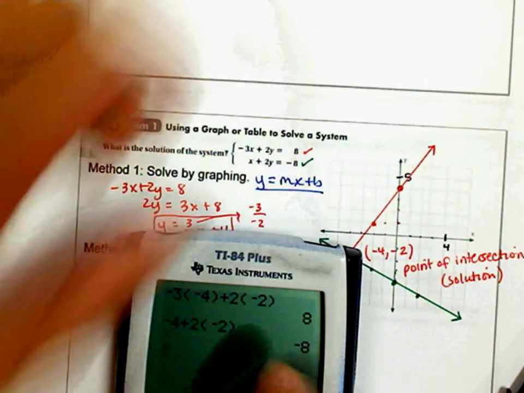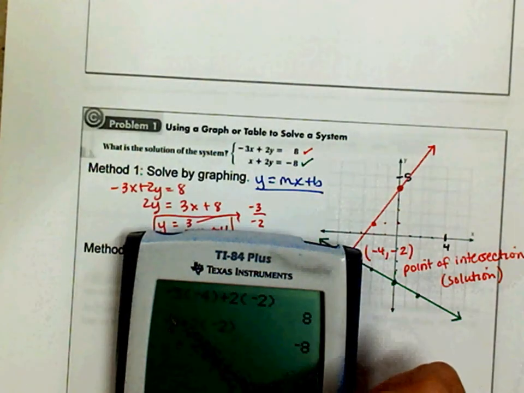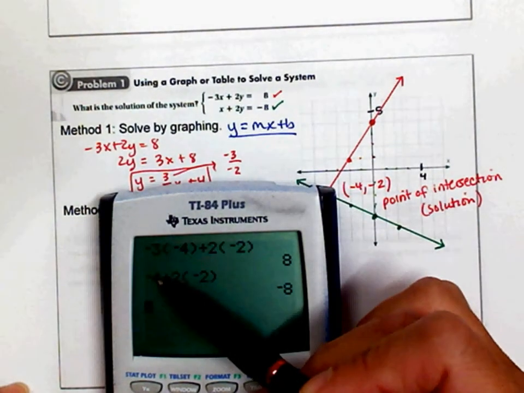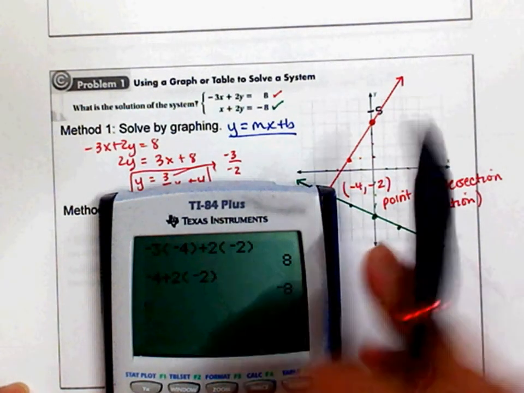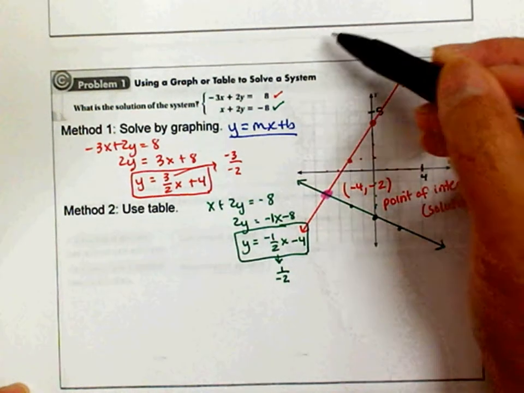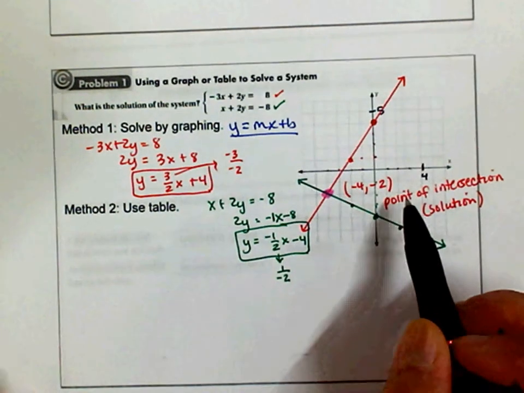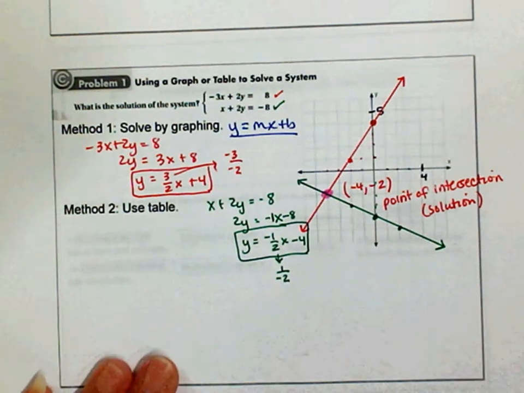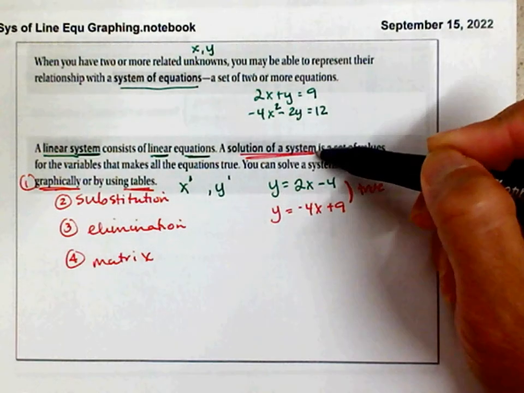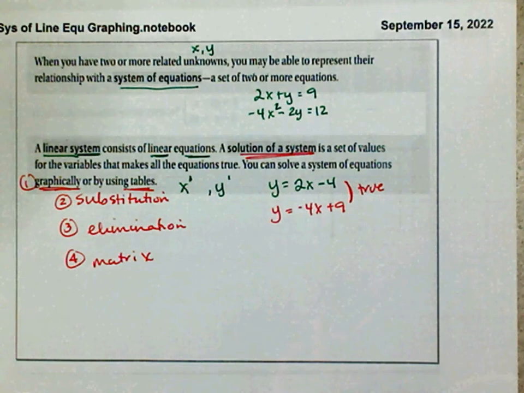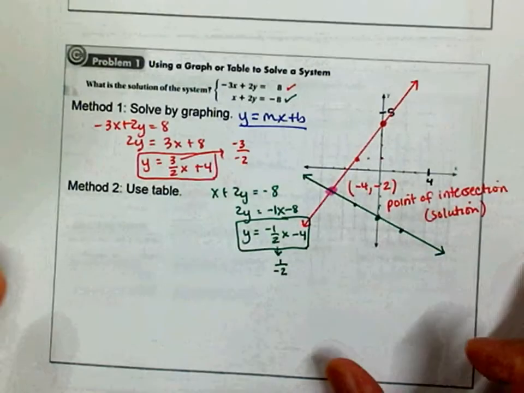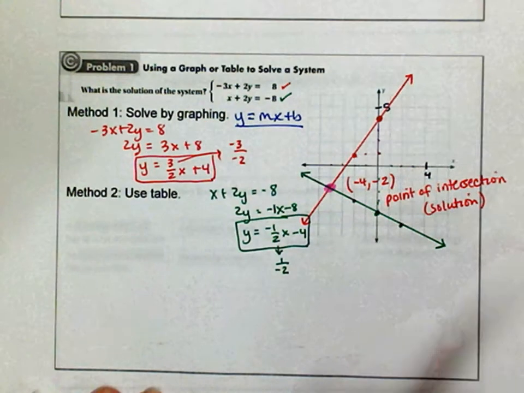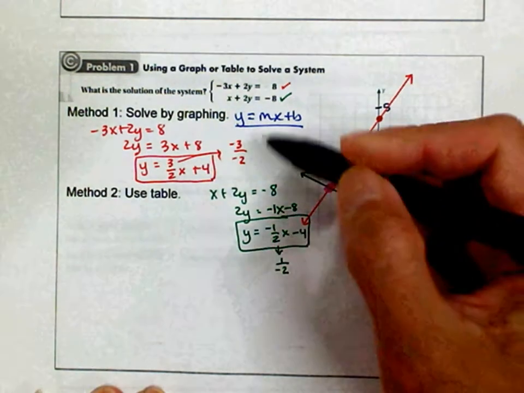Do you see how these two equations, with x as negative 4 and y as negative 2, work for these? That's why that is the solution for both of them. And since it's a solution for both of them, that is your solution of a system. Point of intersection and solutions. Okay? And this here is an example of a linear system. Why is it linear? You have a line, one line, and then you have a second line.